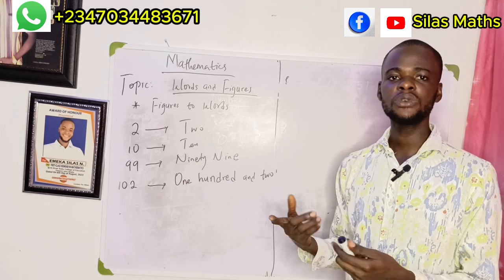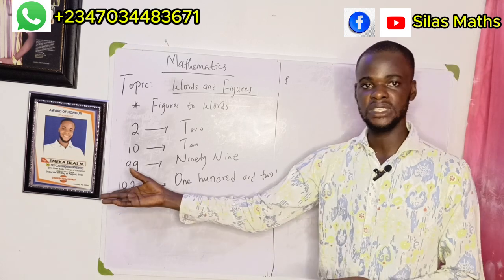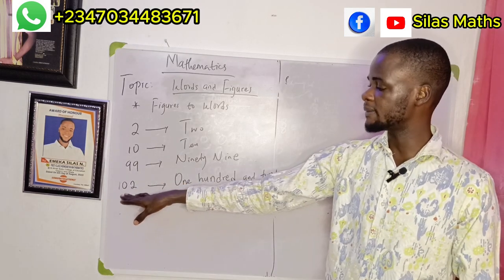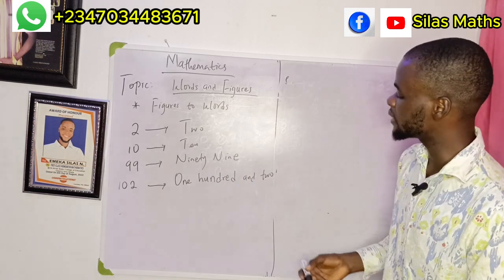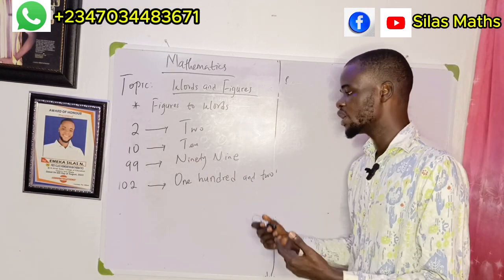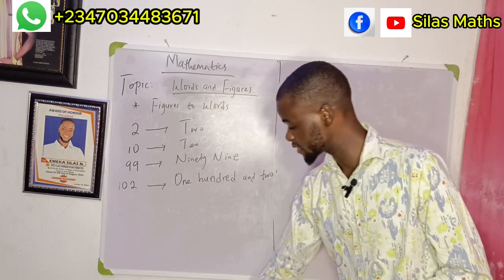There are rules guiding us in writing these numbers in words. When it exceeds three digits, sometimes we get confused on how to write these numbers in words correctly. So let's take a look at the rules.